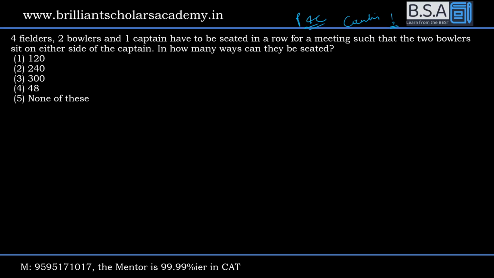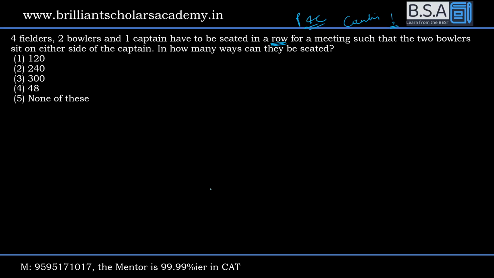In how many ways can you arrange 4 fielders, 2 bowlers, 1 captain in a row? In a row would mean in a line, such that the 2 bowlers sit adjacent or on either side of the captain.